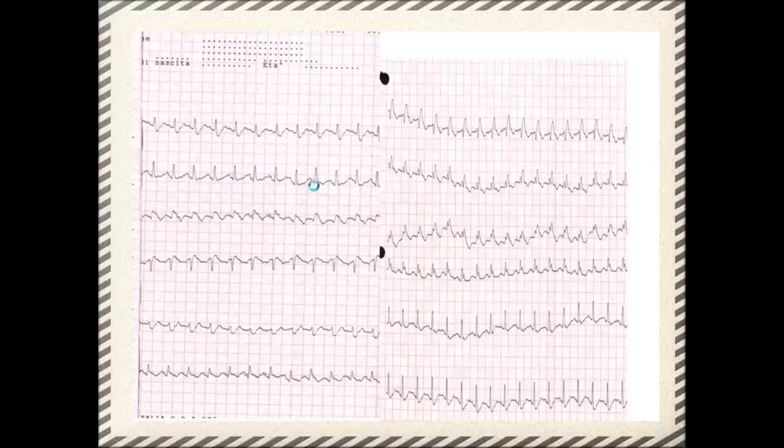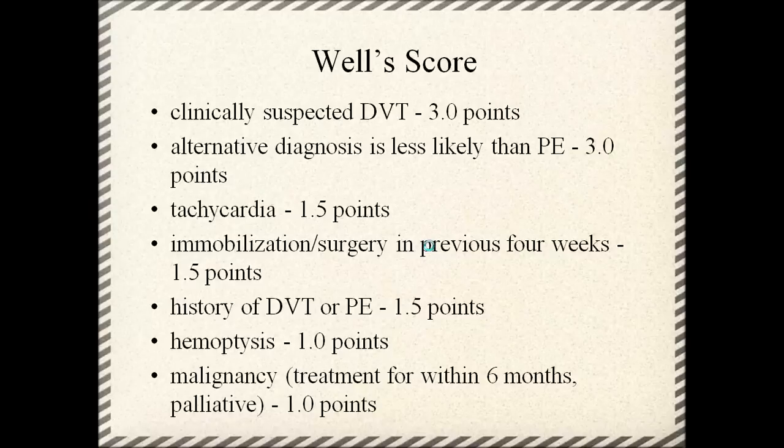Wells score is a scoring system device to quantify the various risk factors. And you can go over your patient's history. A positive score generally indicates a need to be extra vigilant, that you cannot rule out cases basically with a negative D-dimer.